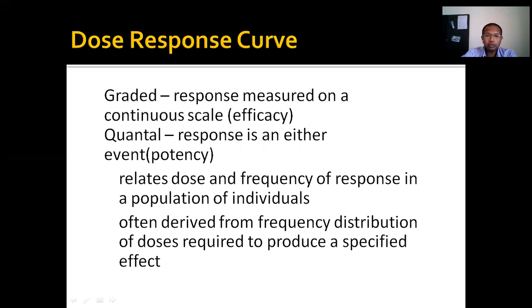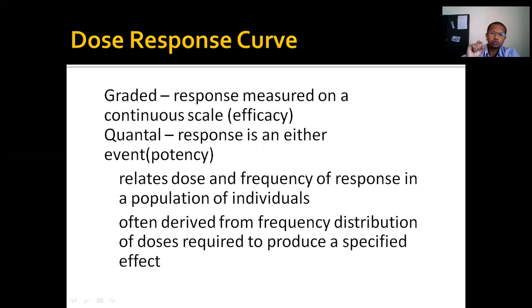So if the drug is not able to do it at varied dosages, here in the quantal dose response curve, we are not worried about how much of the dose we are giving. It may be 5 milligram or 5000 milligram. The drug should decrease the fever. That is the criteria. If the drug is not able to decrease the fever by 1 degree centigrade, we say that the drug is not potent.